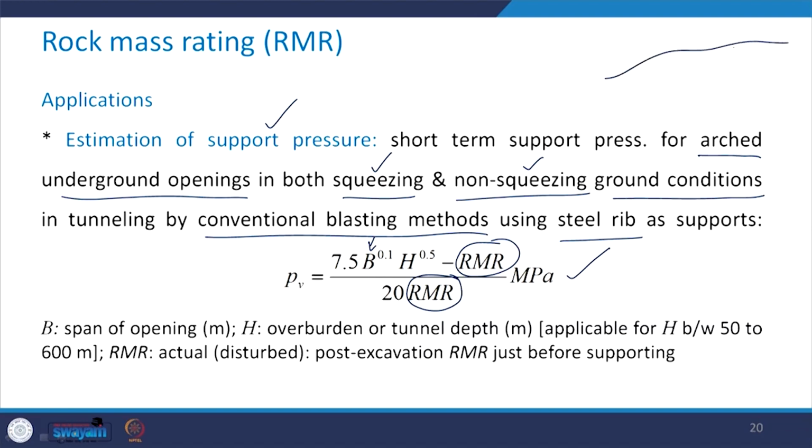Let us say this is the ground surface, and here you have the excavation. From this point to this point, this is going to be your H. This is called the overburden, and this expression is applicable for H between 50 to 600 meter.